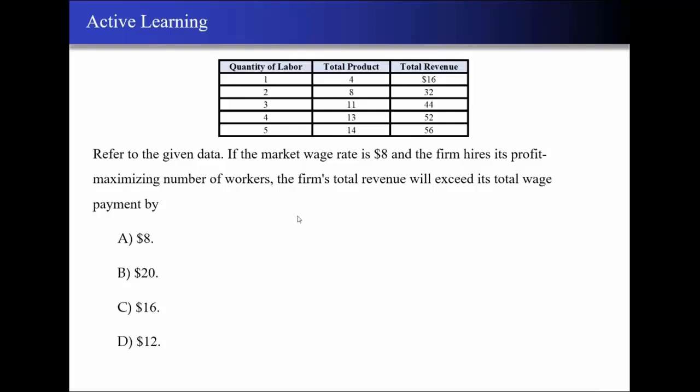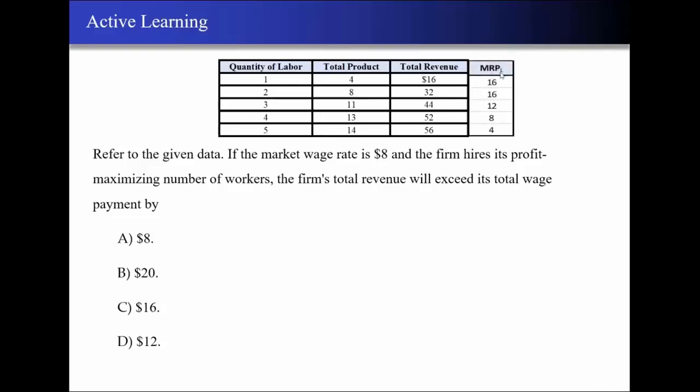In this question we're told that the market wage is $8. We're given the total product and the total revenue, right? And it's asking us, at the optimum, what would the firm's total revenue be and its total wage payment? So the first thing we want to do here is figure out what the marginal product is, and then we want our marginal revenue product.